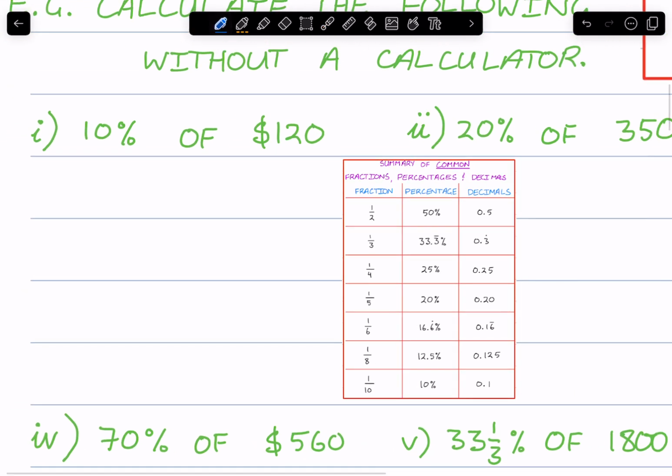So for this one, since it's 10%, you actually imagine this as 1/10. And whenever you see the word "of", we're actually saying it's 1/10 times the amount we're looking for.